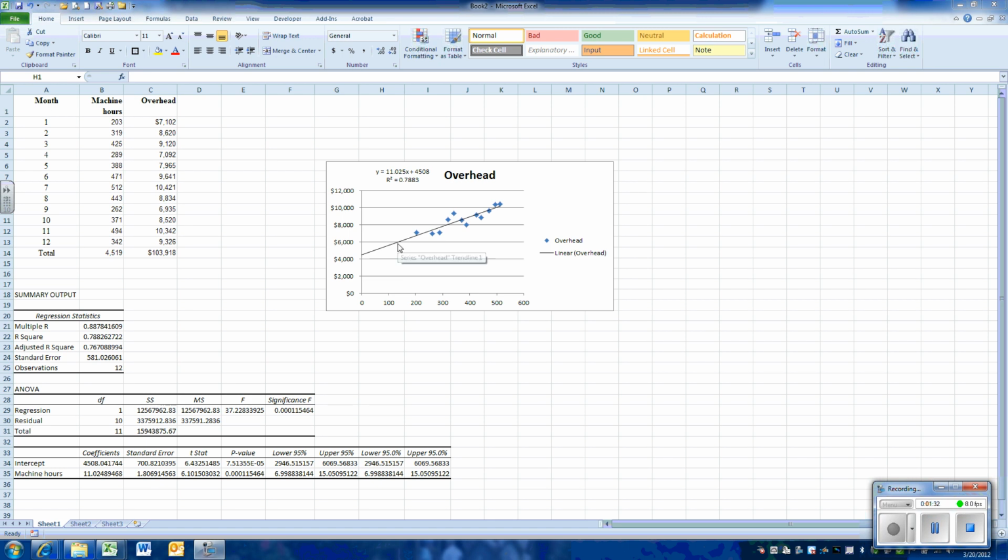And now we look as the number of hours increases, we start coming to our overhead costs. And the first thing we want to do is look for any outliers. That is, any numbers that are well away from the line. We have a couple here that are of medium distance from the line, but they're really not what we would consider an outlier. An outlier would be a number up here, way down here, someplace well off the line.